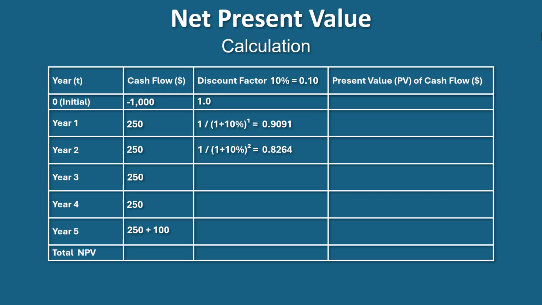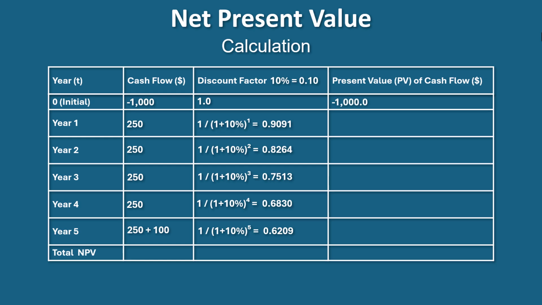For year 3, 1 divided by 1.10 cubed, which equals 0.7513. For year 4, 1 divided by 1.10 to the power of 4, which equals 0.6830. For year 5, 1 divided by 1.10 to the power of 5, which equals 0.6209.